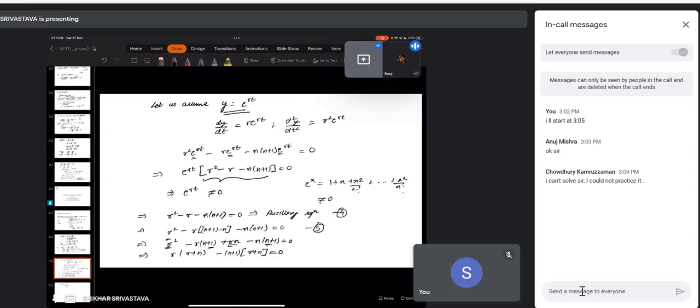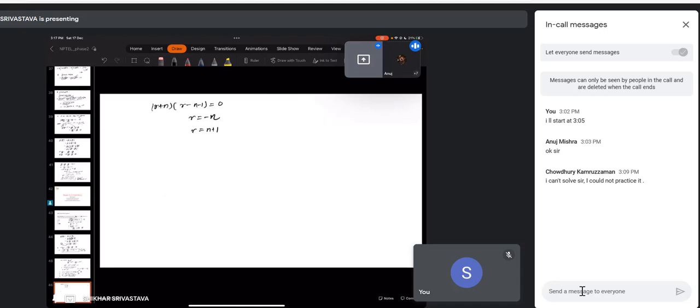So these are the two roots which you got, and hence we know that the solution y can be written as a linear combination in this form.